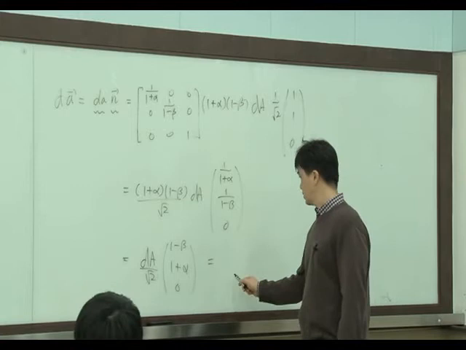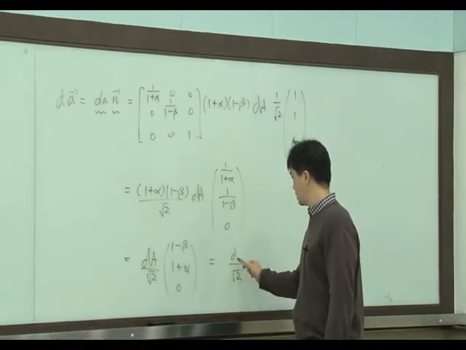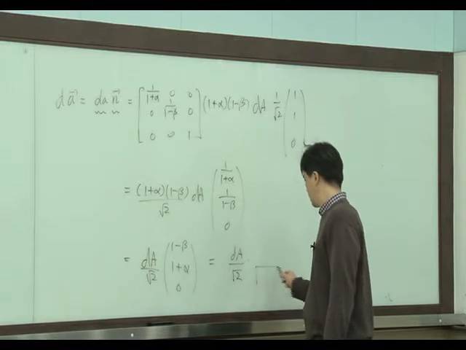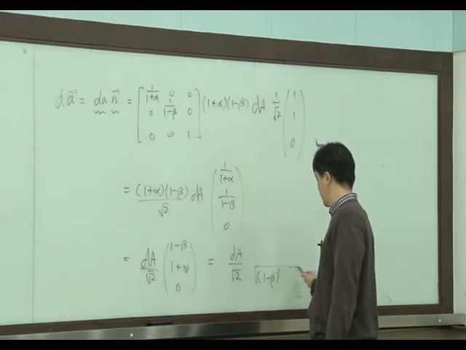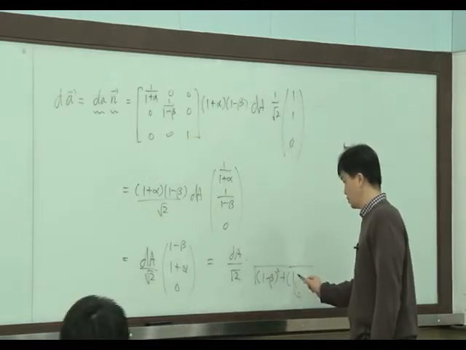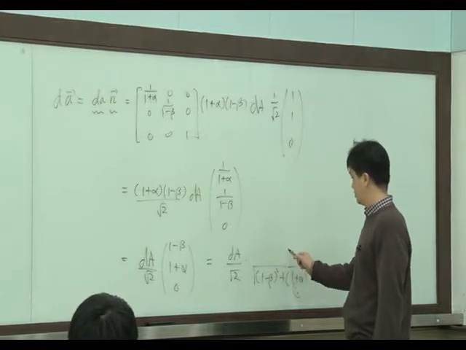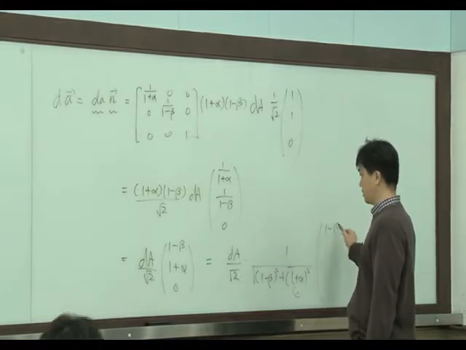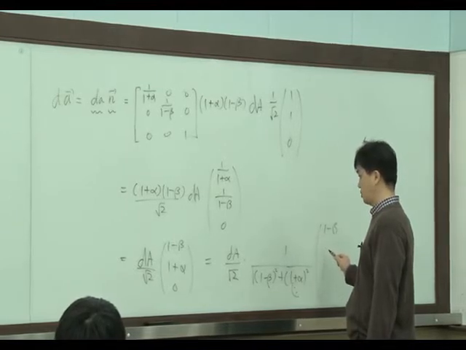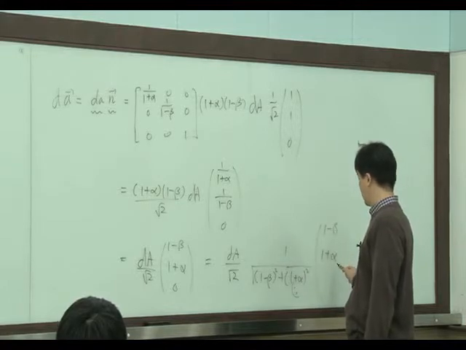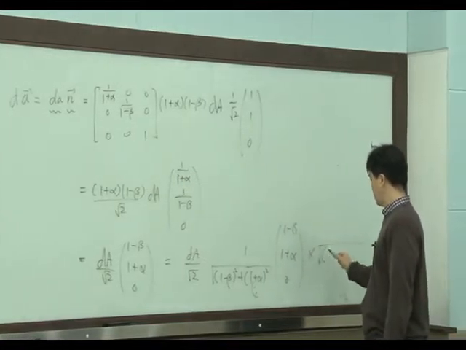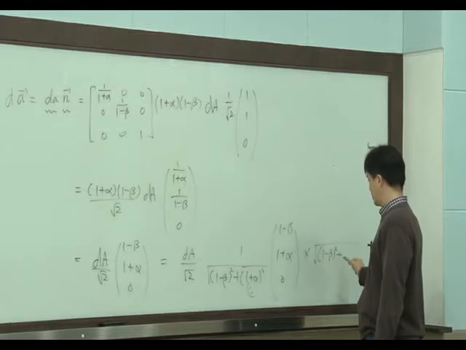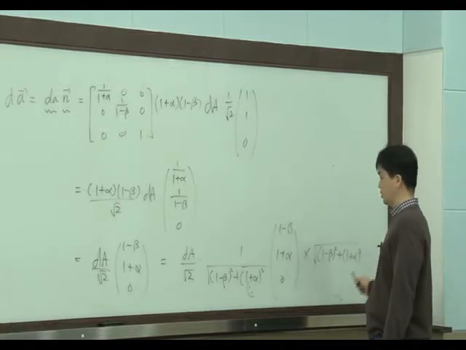Equal to root 2 dA, 1 minus beta squared plus 1 plus alpha squared, and I need to multiply also by 1 minus beta squared plus 1 plus alpha squared.